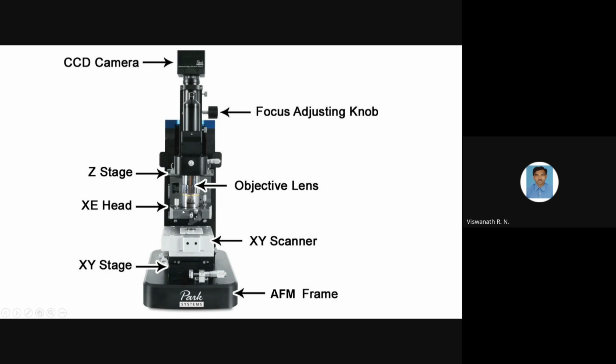The head can be moved here and here depending upon the force. I'll tell you what force is acting. Then there is a movement. A CCD camera is sitting at the top, focusing the information.